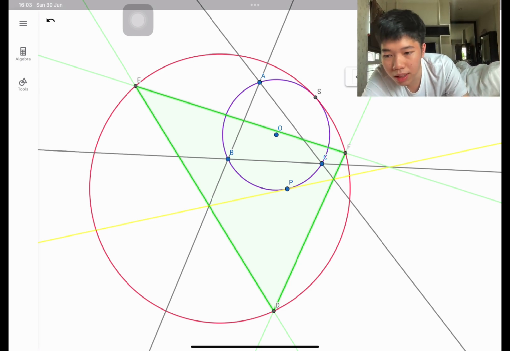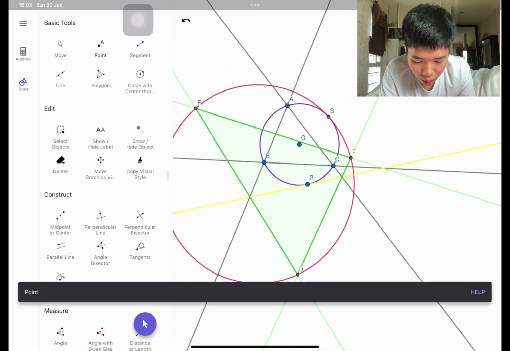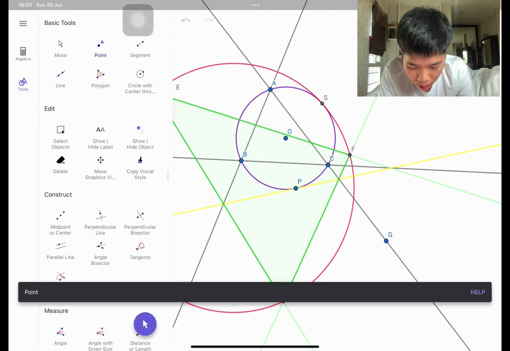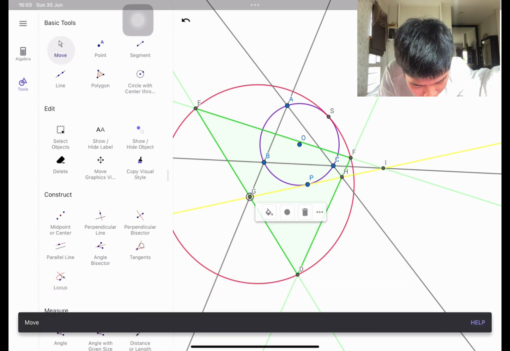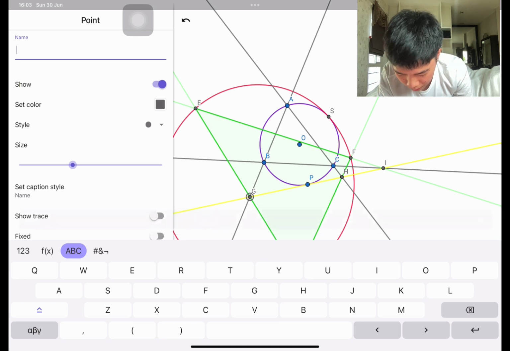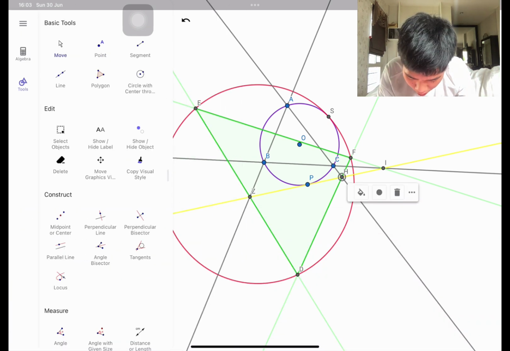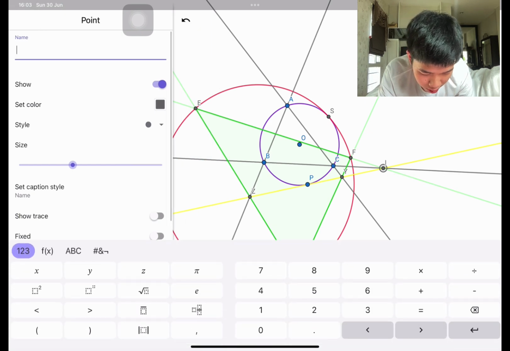So the first thing we see here is, hang on, I'll just draw these 3 intersections over here because they seem like they would be useful points. I'll call this Z, I'll call this one Y, I will call this one X. There you go.